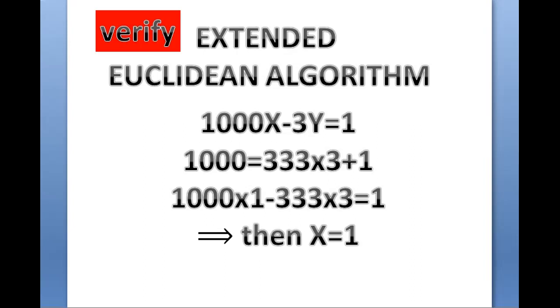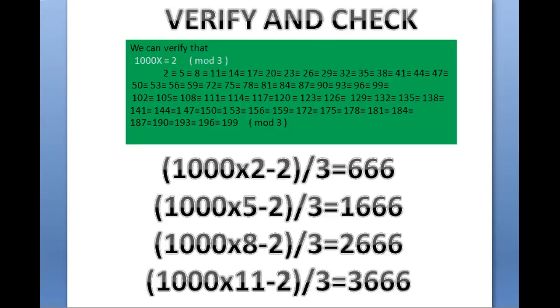Then x equals 1. We can refer to this to verify and check 1000x ≡ 2 (mod 3). You can refer to the table here.